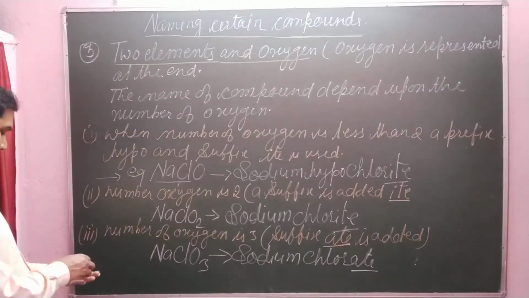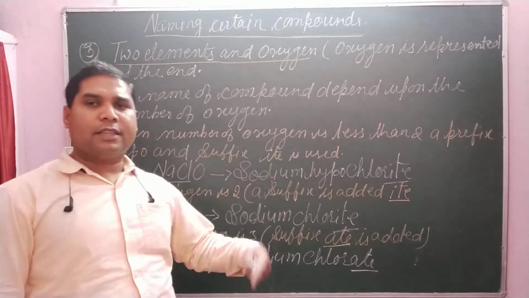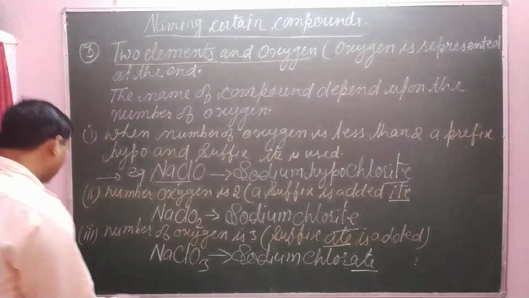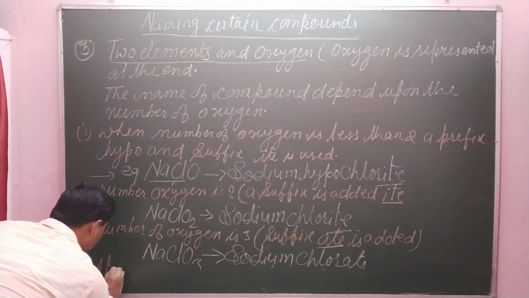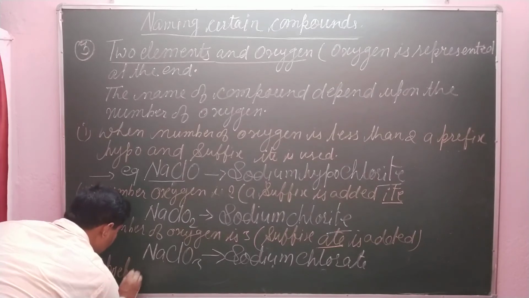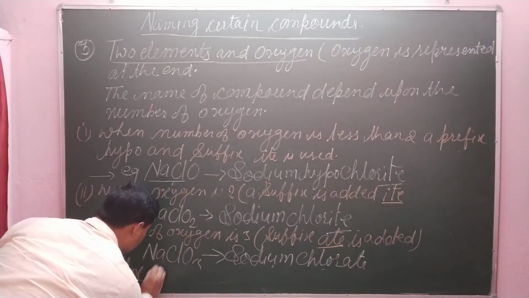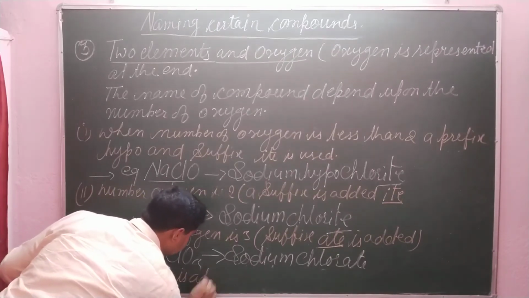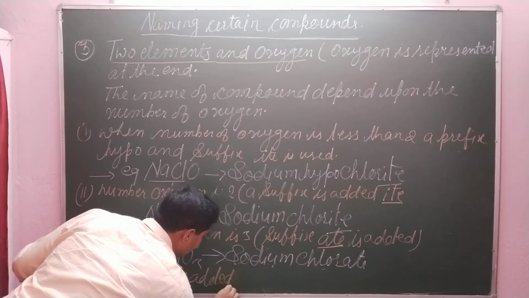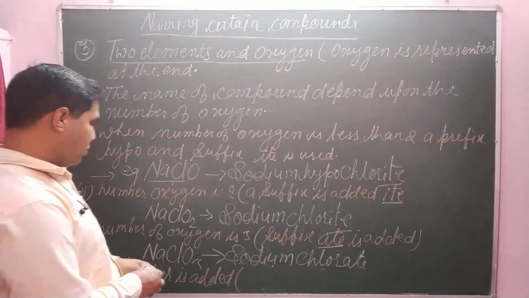And where the number of oxygen is more than 3, fourth, a prefix per is added. So let us see the formula of the compound.